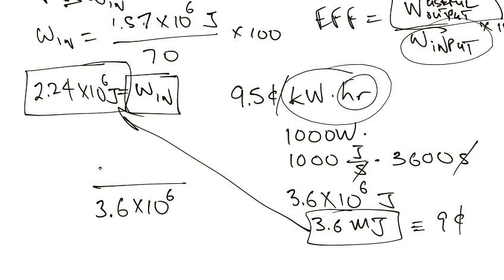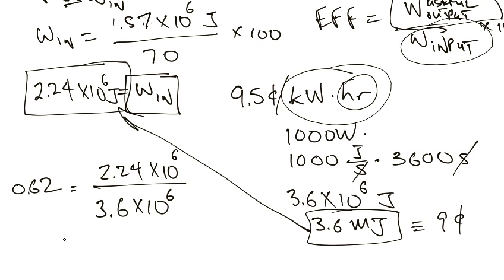How many times does that go into 2.24 times 10 to the power of 6? And I think that is, let's see, 2.24, enter, 3.6 divided by, and we're getting an answer of 0.62.